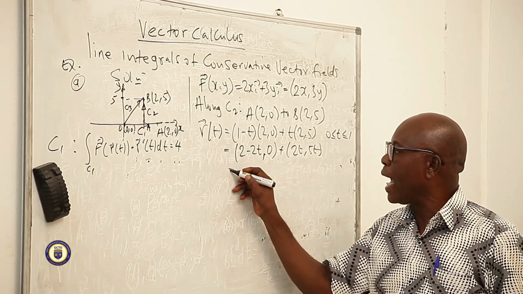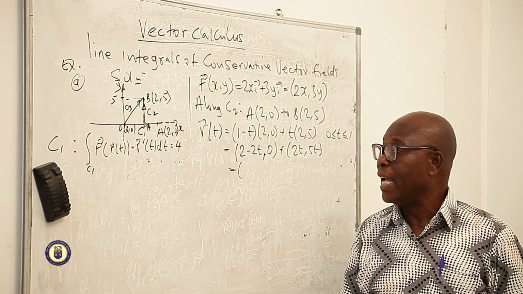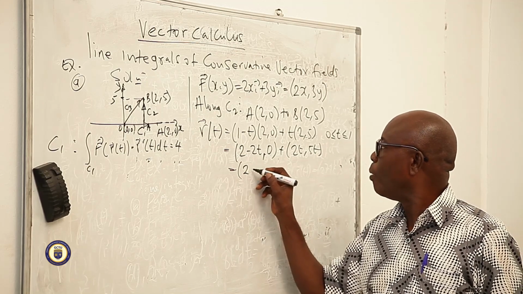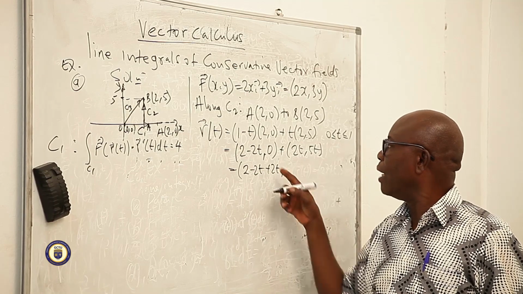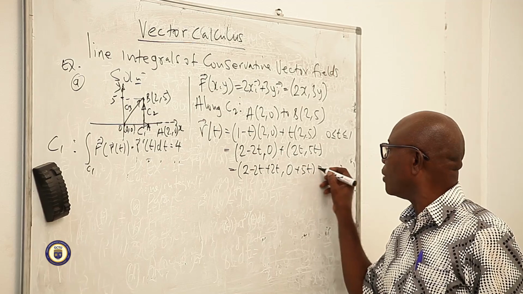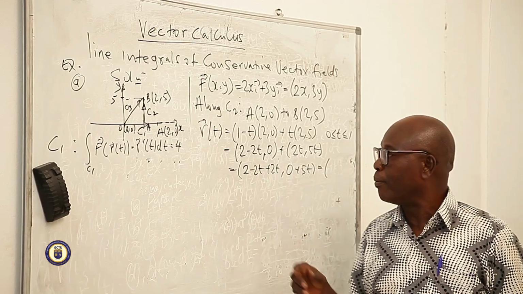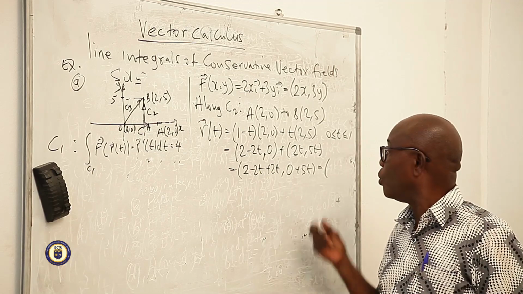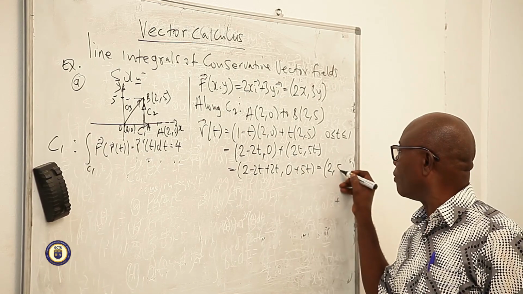And so when we add the corresponding coordinates, the i components and the j components, we're going to have 2 minus 2t plus 2t, and then 0 plus 5t. If you tidy up, minus 2t plus 2t will give us 0. So here we'll have 2, and 0 plus 5t will give us 5t.